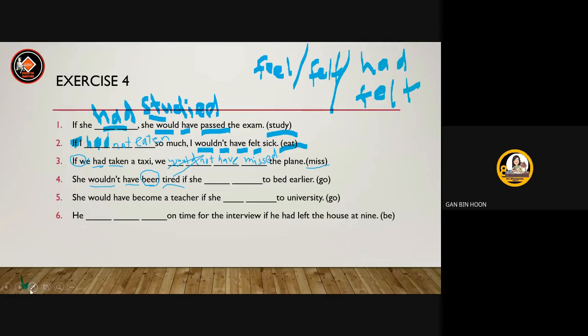I explain sebab dia menggambarkan, tadi kita belajar apa? We learn that bila ada is, ada are, ada am, okay, you have is, are, am ni, asal dia adalah daripada the word be, right? The word to be. Be ni adalah untuk adjective. A-D-J, adjective. So, mana adjective dia ni? Tired.